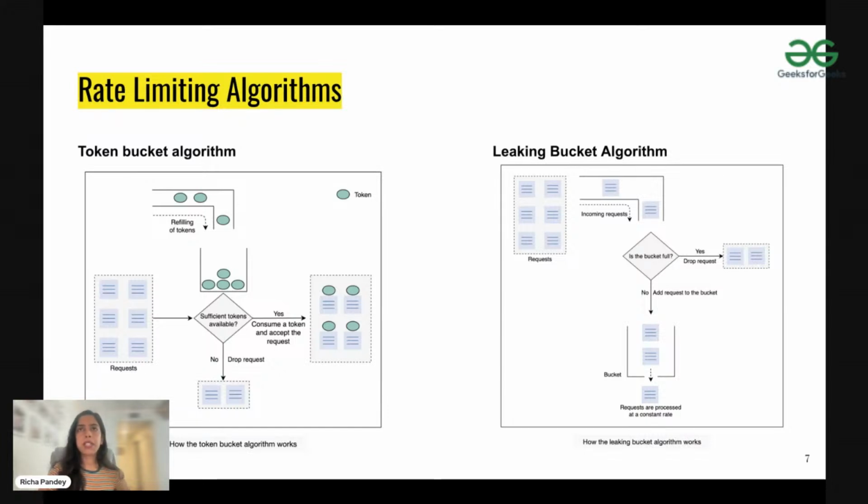There is a question I see: are the rate limiting algorithms hard coded, or are they like load balancing algorithms that are just selected? There are, I would say, 4 to 5 different types of rate limiting algorithms, so it depends on the system design. Ideally, these are predefined. When we are designing the system, we will choose which algorithm works best for us, and it will be predefined.